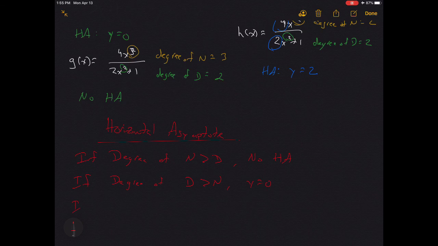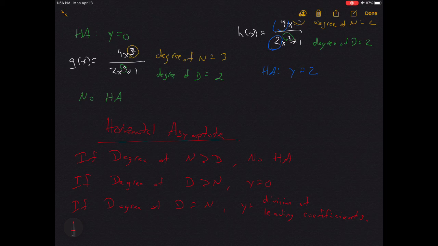And then the last one is, if the degree of the denominator equals the degree of the numerator, then what you do is you divide the leading coefficients. So it would be y equals the division of the leading coefficients. So those are your 3 potential horizontal asymptotes.